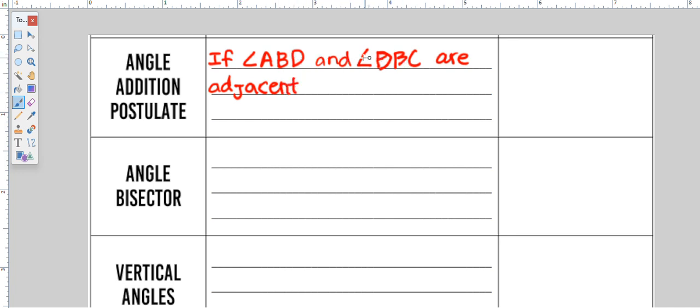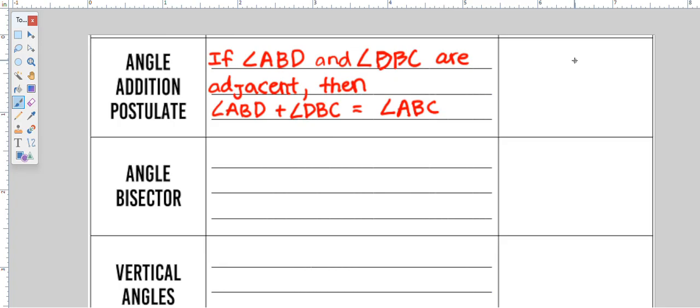They both share D and B, so B is a shared vertex. Then angle ABD plus angle DBC is equal to angle ABC.